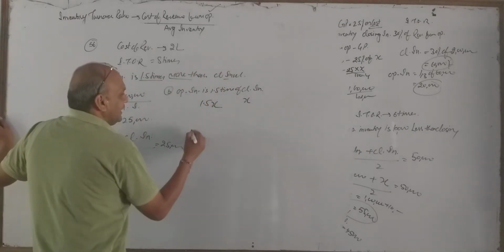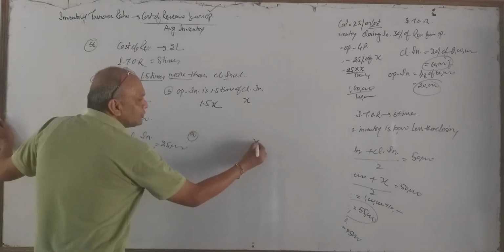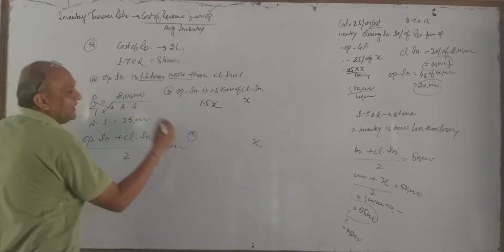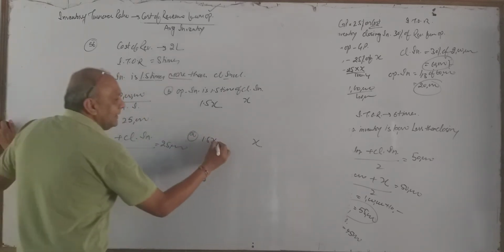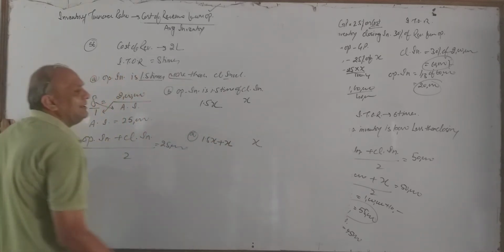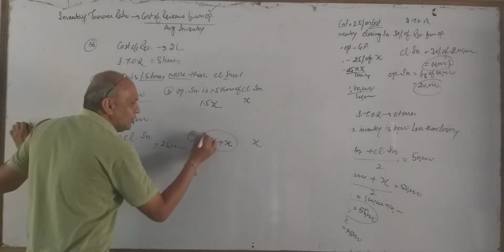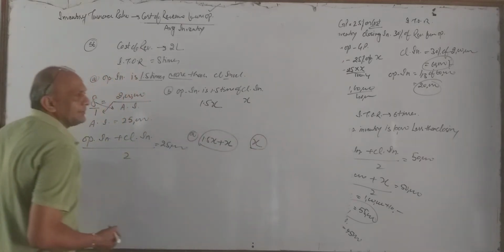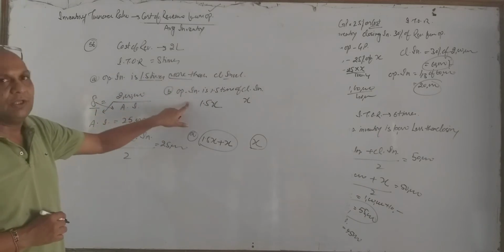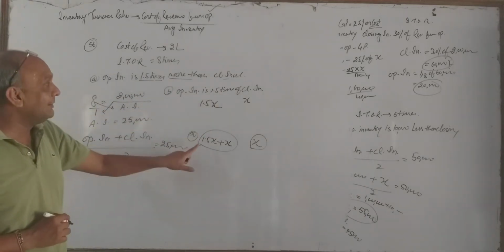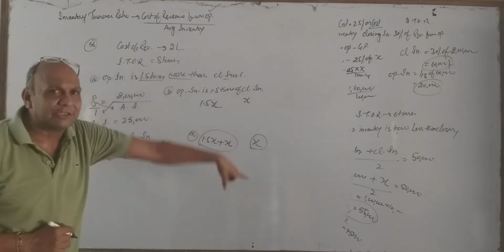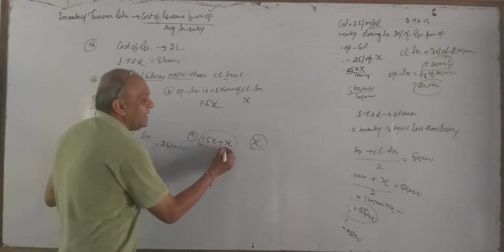तो हियर आई एम टेकिंग केस नंबर 1. क्लोजिंग इज x, opening is 1.5 times more than, it means again we are going to add x. So it will become opening and this is closing. This is the difference between these two. यहाँ डायरेक्ट 1.5 टाइम्स था, मैंने 1.5 टाइम्स ले लिया. यहाँ 1.5 टाइम्स more than, it means I have to add x also.